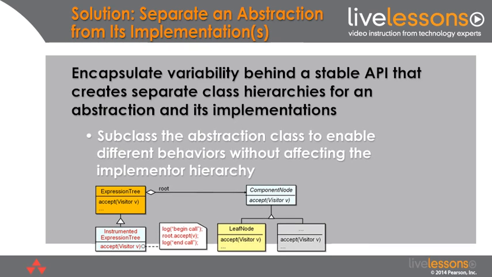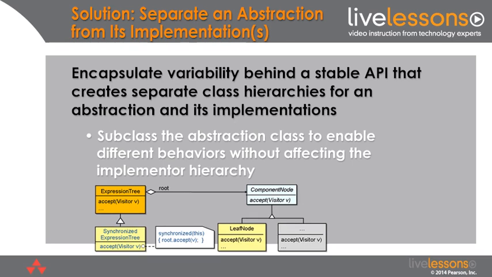We can then also subclass the abstraction class to create different behaviors or services without actually affecting the implementer hierarchy. As you can see here, we subclass from expression tree to create an instrumented expression tree that wraps before and after logging messages around each call that's been forwarded to the underlying composite method with the same name.